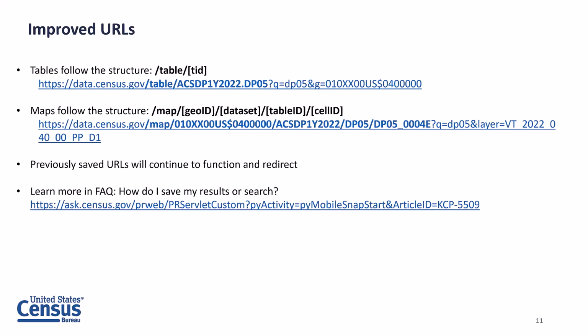The data set, in this case, is again the American Community Survey data profiles 1 year from the 2022 vintage, the table ID being DP05, and then the cell ID, that is the API variable name that corresponds with the specific variable that you're showing on your map. So in this case, it's DP05_0004E. It's the fourth estimate from that data table.